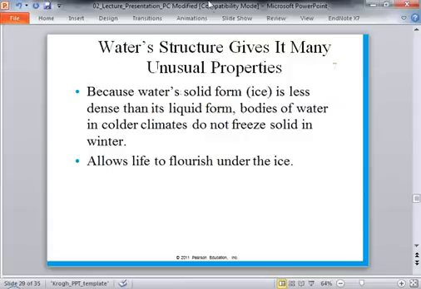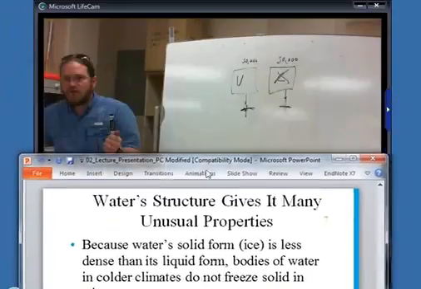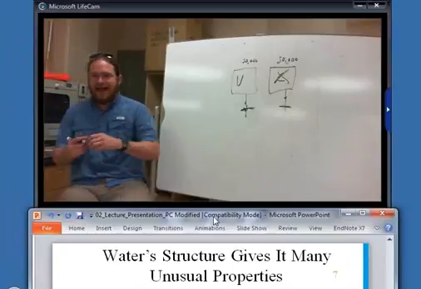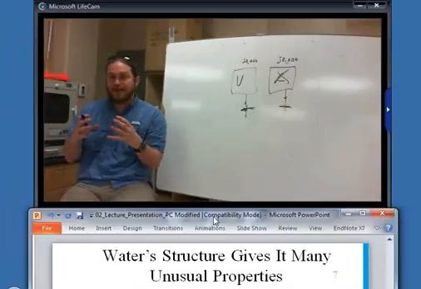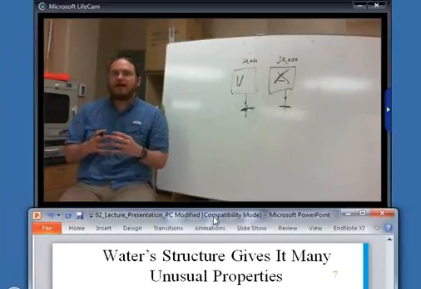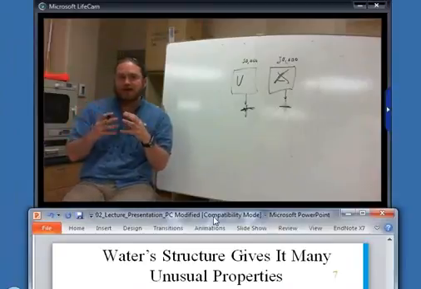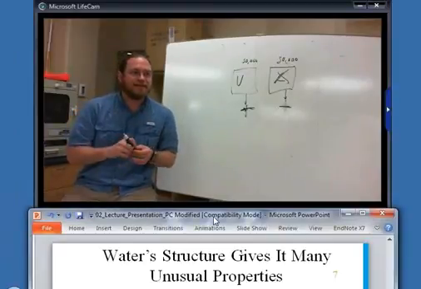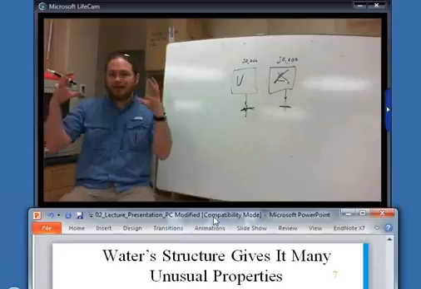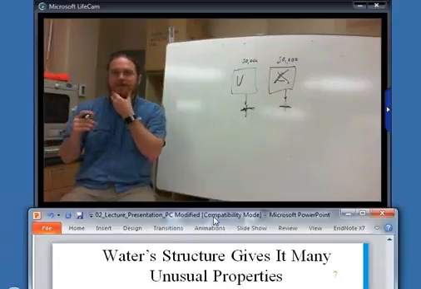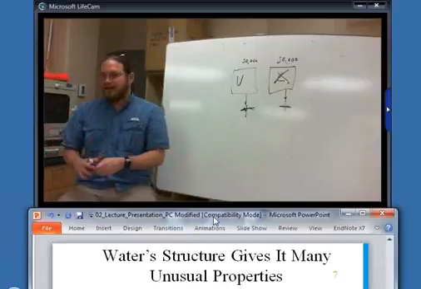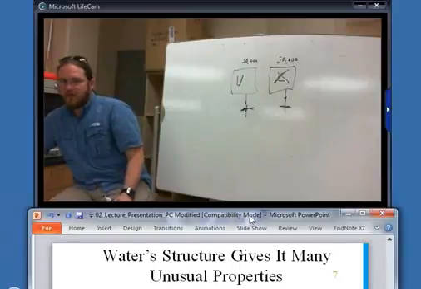Water also is important because water's solid form, ice, is less dense than its liquid form. And what density is, it's how many molecules are packed into a space. And so things that are less dense would have fewer molecules in a given region. And the way this works out with ice is kind of weird.